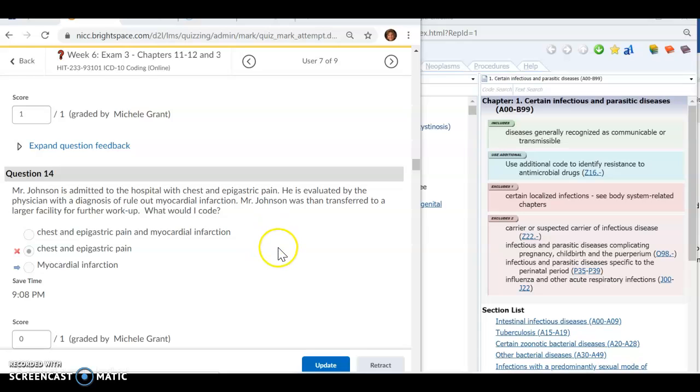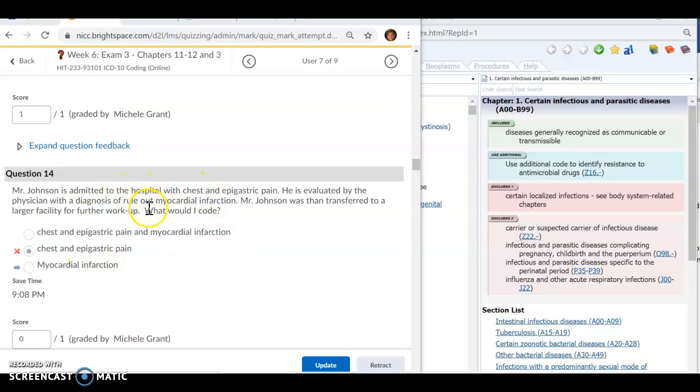Okay, Mr. Johnson was admitted to the hospital with chest and epigastric pain, evaluated by the physician with the diagnosis of rule out myocardial infarction. Keep in mind, this patient is inpatient. Mr. Johnson was then transferred to a larger facility. What am I going to code? Keep in mind, the chest and epigastric pain are signs and symptoms of a myocardial infarction.